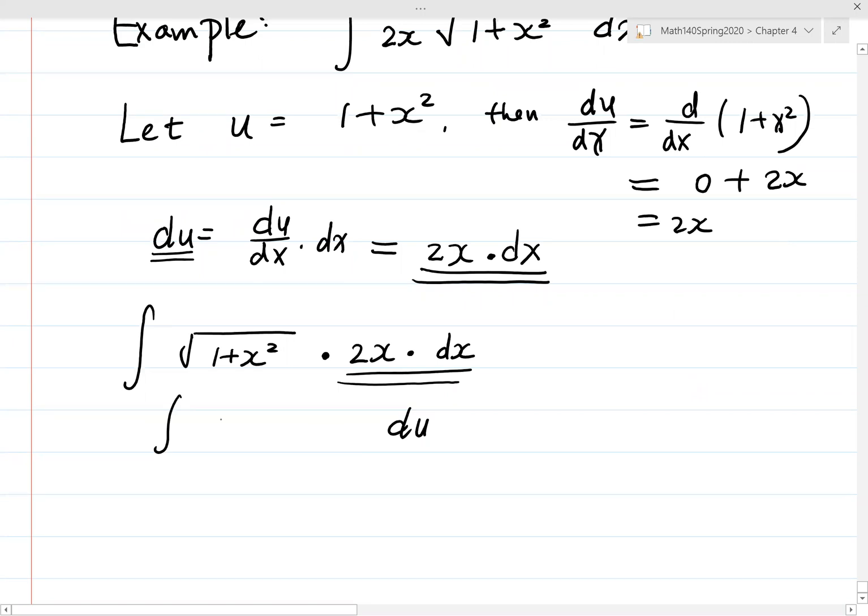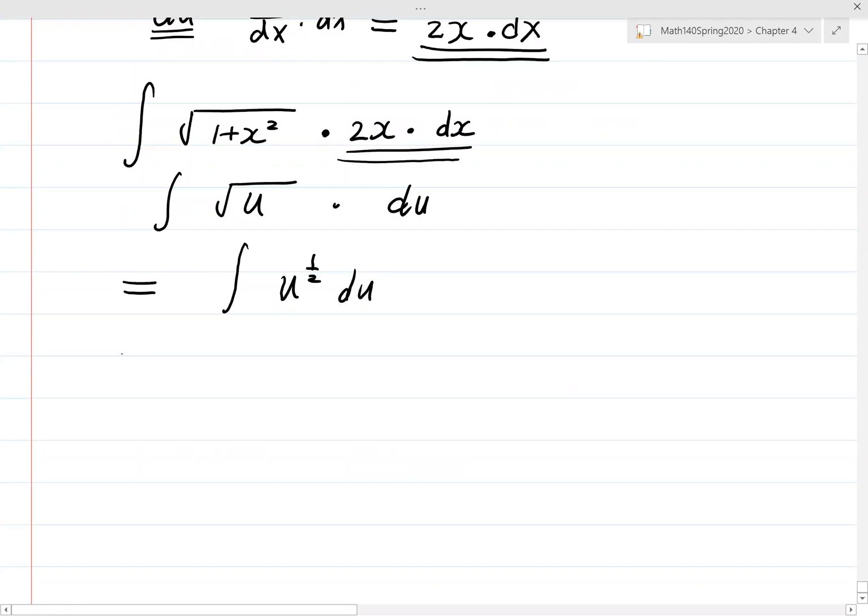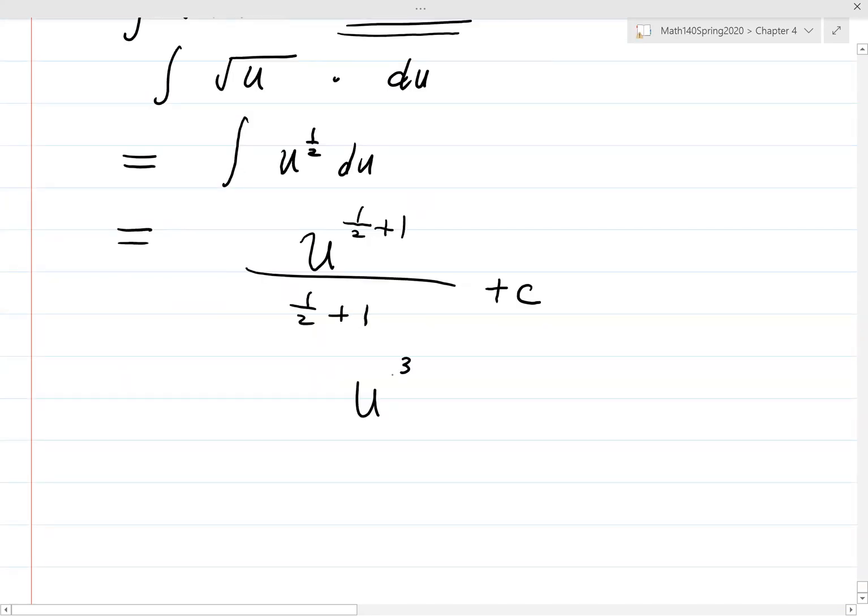Now we substitute the square root. Remember u is 1 plus x squared by our substitution. So this now becomes the antiderivative of the square root of u. We use the power rule: increase the power by 1 and then divide. This gives u to the power 3 over 2, divided by 3 over 2, so we multiply by 2 over 3, flip them, plus constant c.